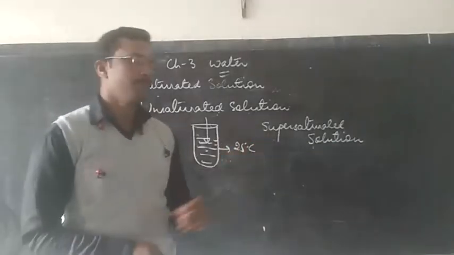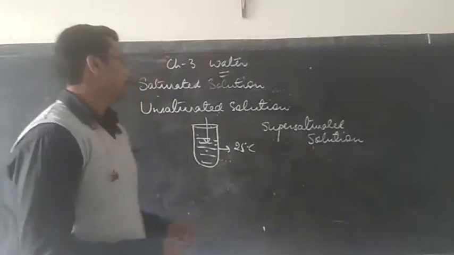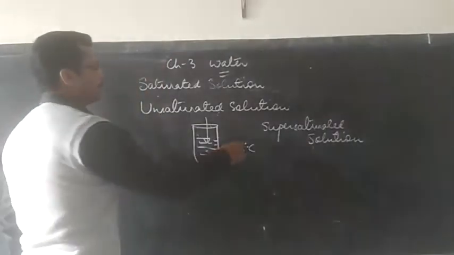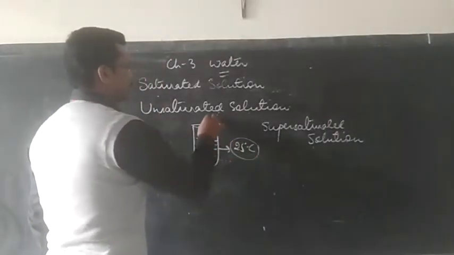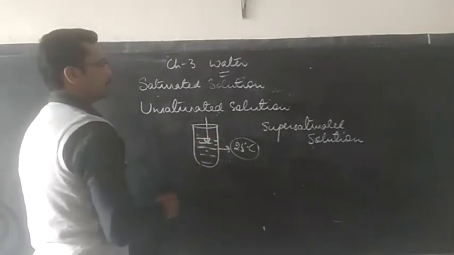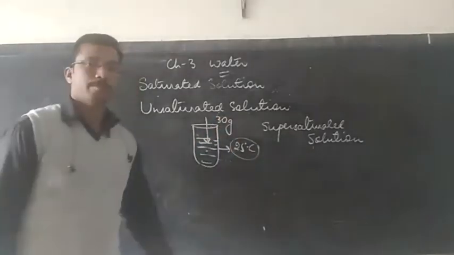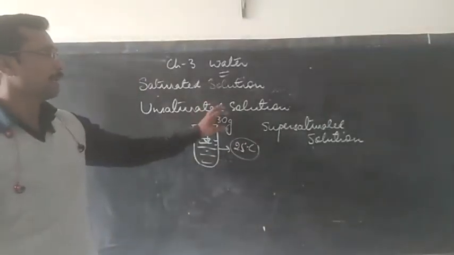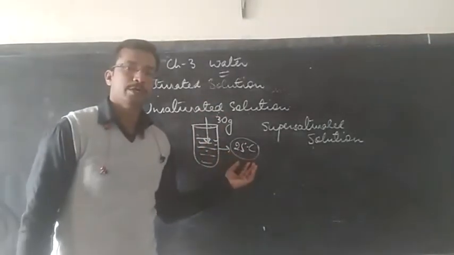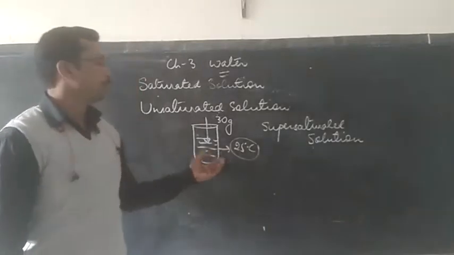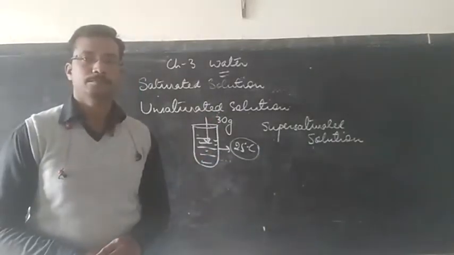We have the same example for this. Suppose at 25 degrees Celsius, the sugar added is 30 gram. So the maximum amount of sugar that can be added to this solvent at 25 degrees is 30 gram.